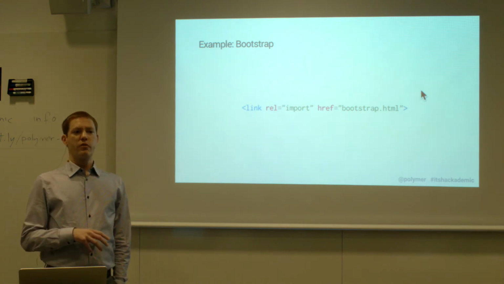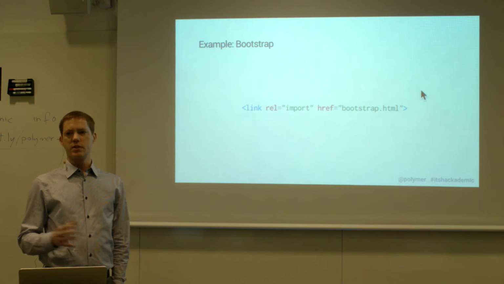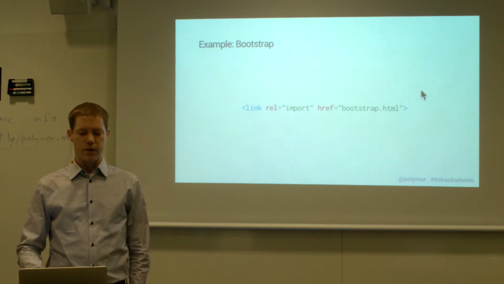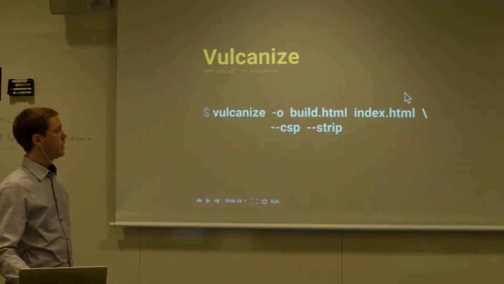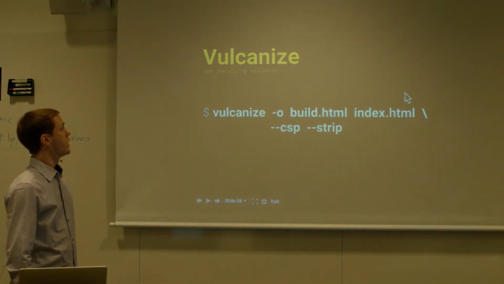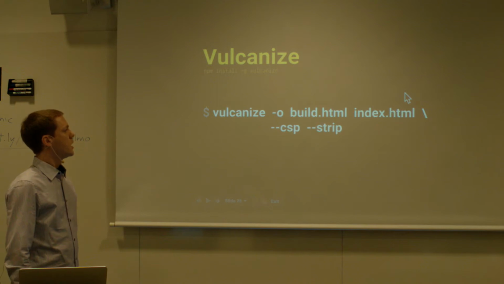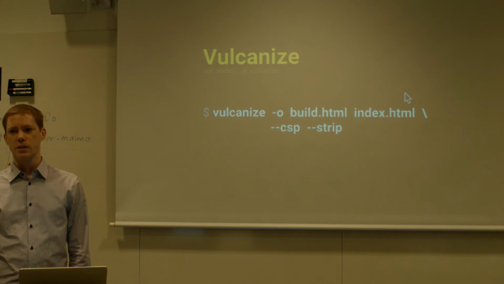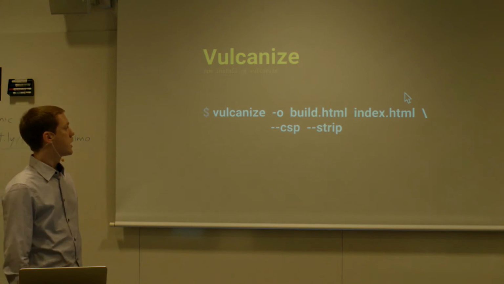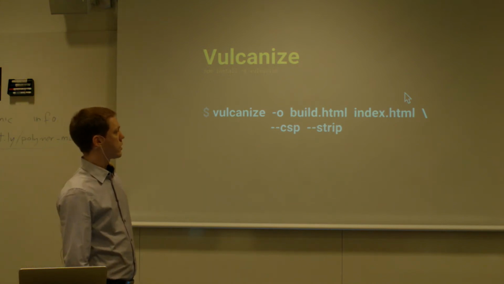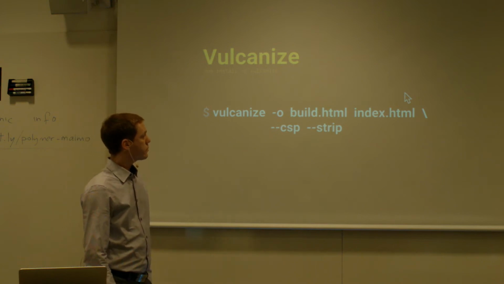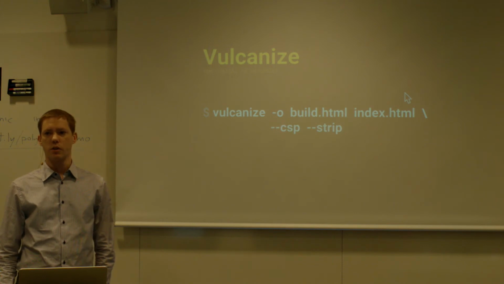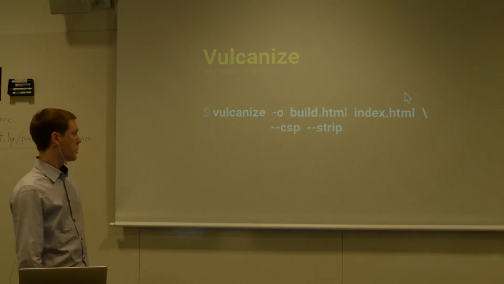And we're used to minifying and concatenating scripts and CSS files and stuff today. And well, there is a solution for this, and it's called Vulcanize. It's a node module available that Google and the Polymer team has created for actually concatenating all the stuff in your page. And it's very customizable. You can both use it as a node module within a node script and from the command line.